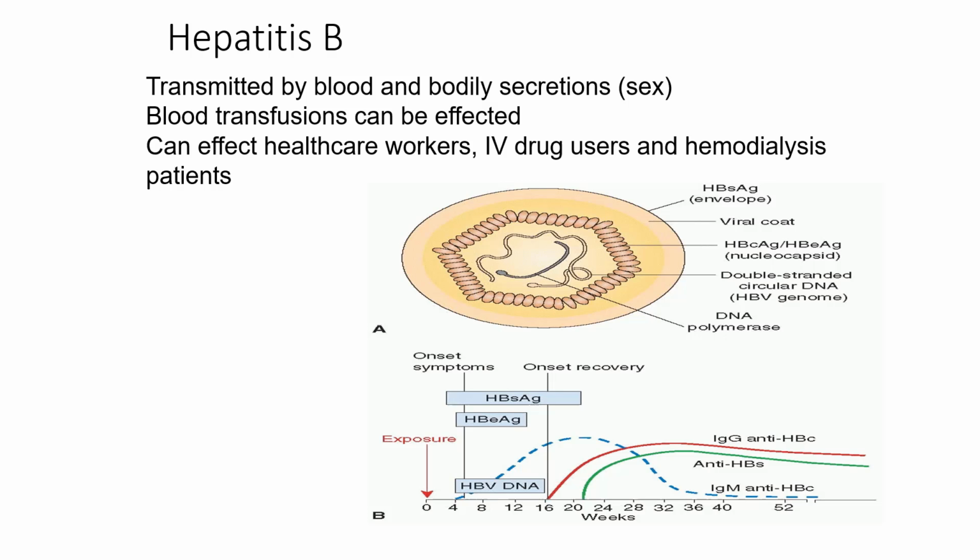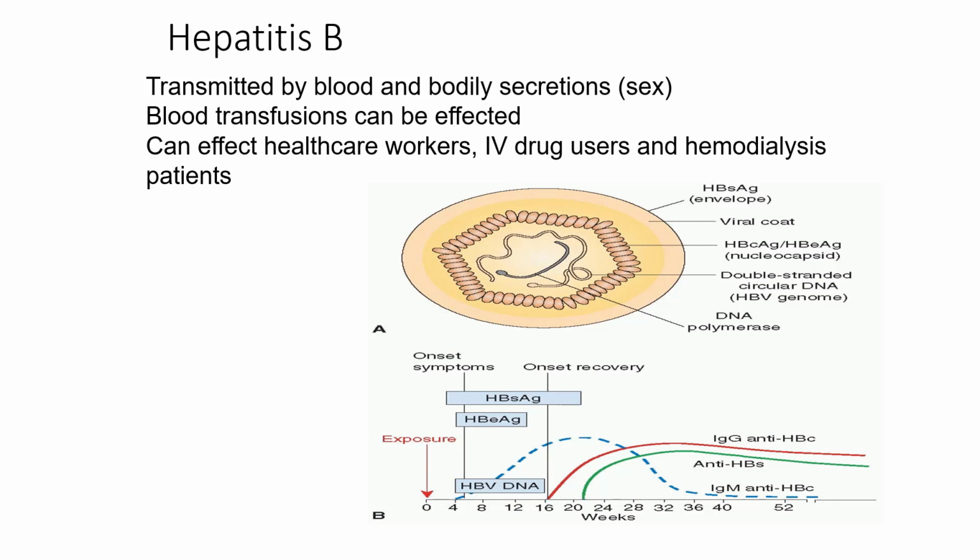We all know about hepatitis B, being healthcare practitioners, that it's transmitted by blood and body secretions, particularly sexually. Blood transfusions, obviously, and healthcare workers are high risk, IV drug users, and hemodialysis patients.